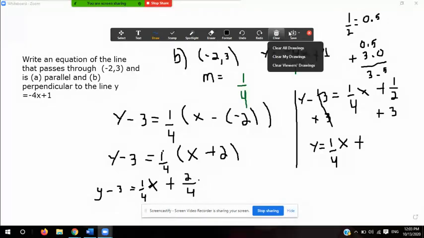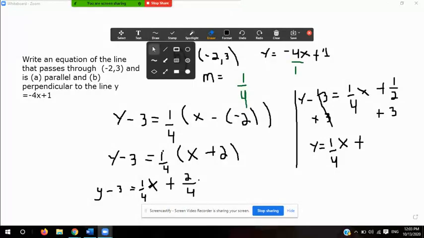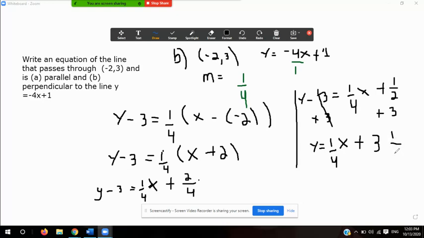Or another thing that I can do is, because I have 1/2, I know that 3 and 1/2 is the same thing as 3.5. So basically, what I can do is say 1/2 plus 3 is actually 3 1/2, and it's a mixed number. And I can turn that mixed number into an improper fraction. 2 times 3 is 6, plus 1 is 7.